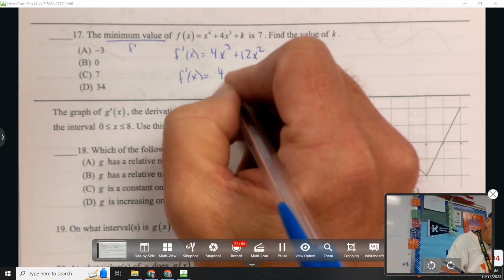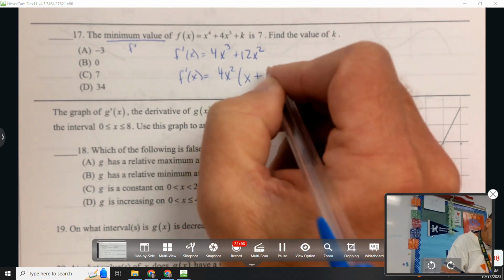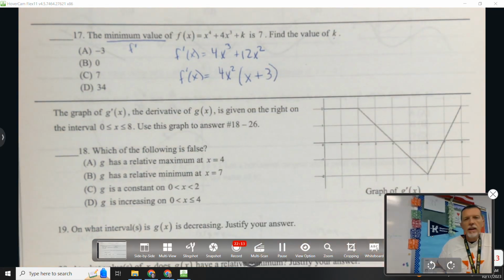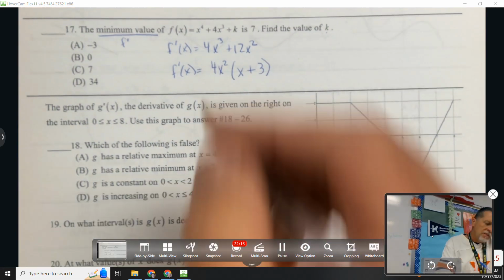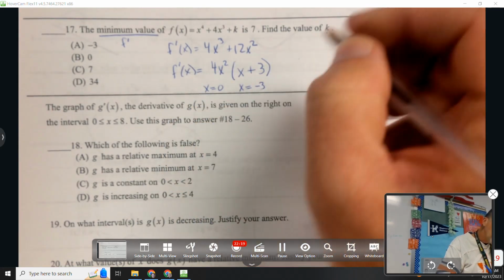So if I factor out a 4x squared, that leaves x plus 3. So my critical points are 0 and -3.